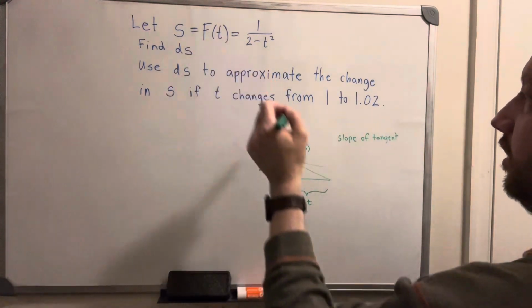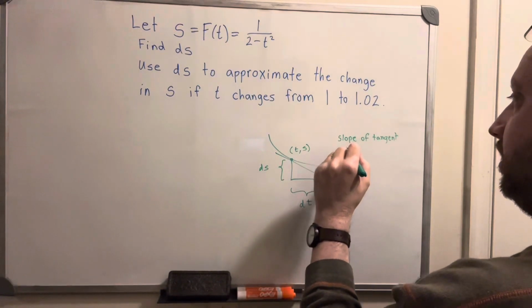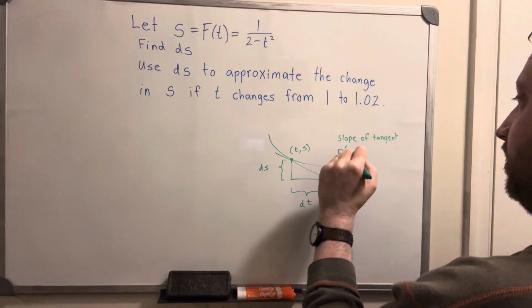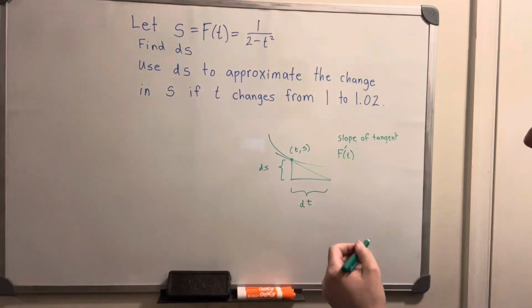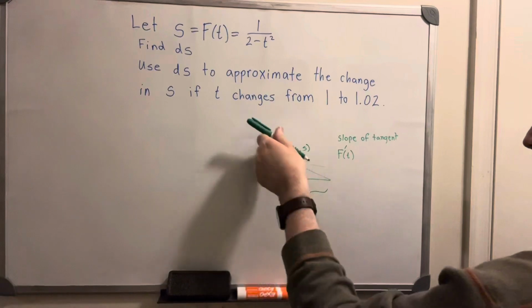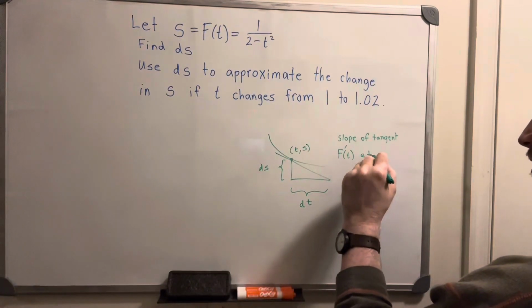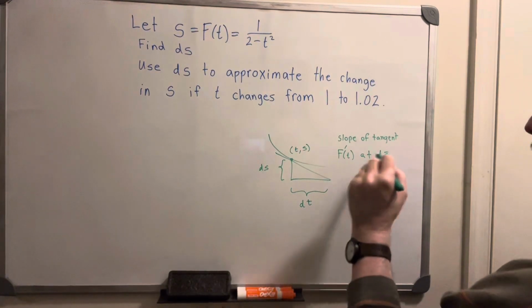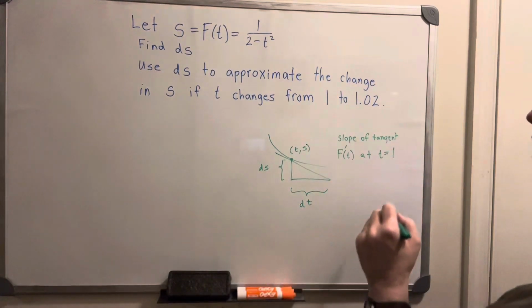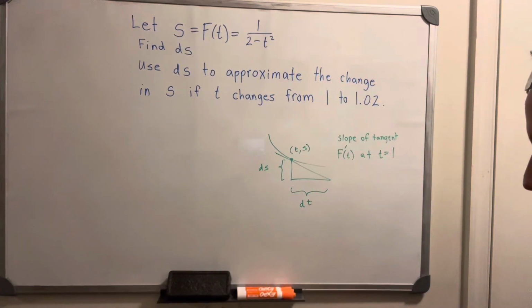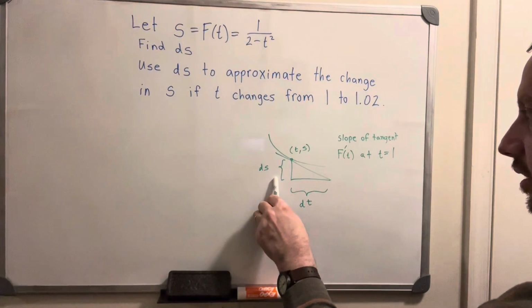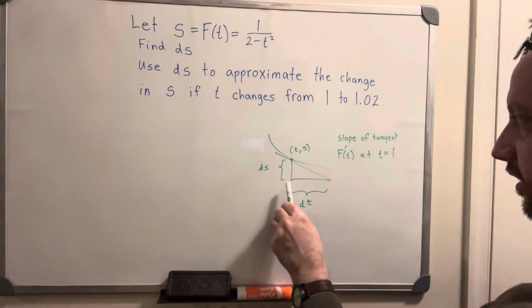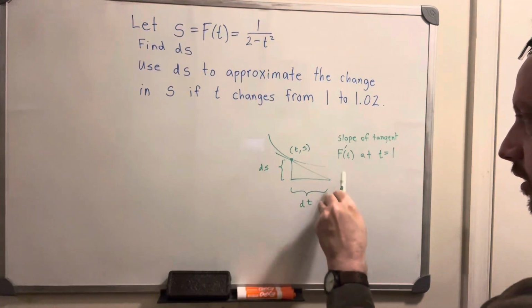That would be f prime of t, right, because the function was f of t, so the slope of this tangent line, the one that we're going to end up caring about, is f prime of 1. So do you remember, this is the rise, this is the run, this is the slope.